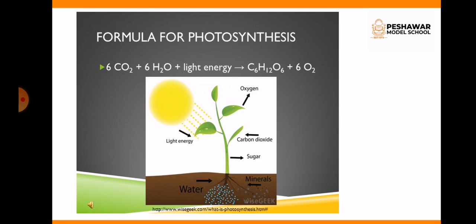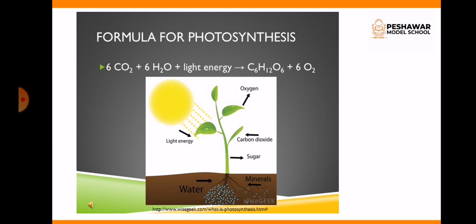Most plants take up water through the roots and carry it along tubes in the stem to their leaves. When all these three raw materials are present, this chemical reaction takes place inside the chloroplast. Which chemical reaction?